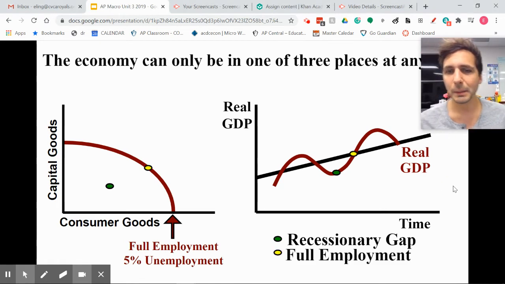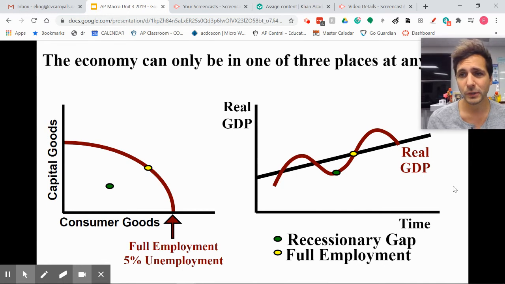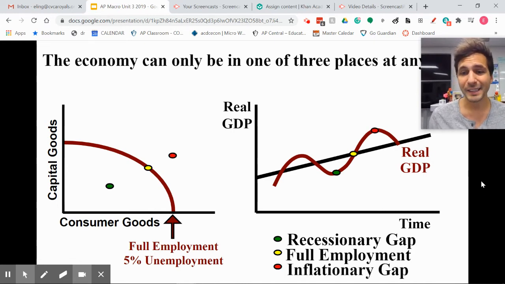The second place we can be is at full employment. We know full employment is on the production possibilities curve, anywhere on the production possibilities curve. On our business cycle, it's the intersection with the trend line, that upward trend. That means we're at full employment GDP. And then the final place we can be is an inflationary gap. We can temporarily produce beyond our capacity by overemploying and overspending, which can cause inflation, right?